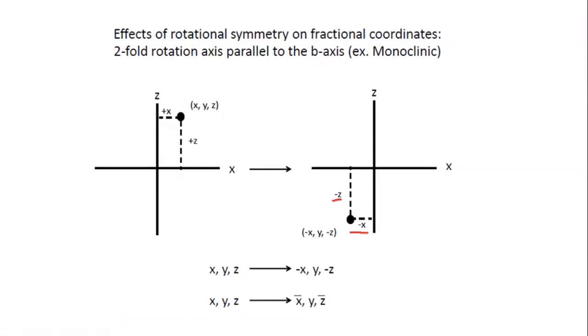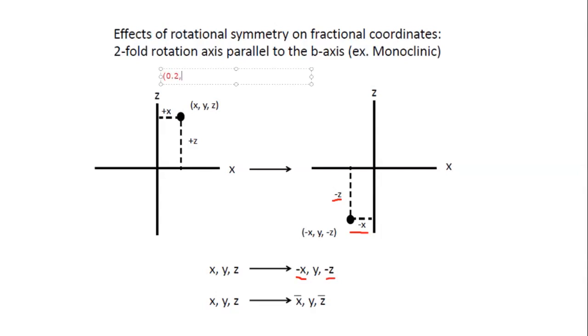Now, you can either write it as negative x, y, negative z, or common in crystallographic symmetries, we put x bar, y, z bar. So the bar indicates that it's negative. So you'll see both ways, but the bottom way is the common practice with crystallographic coordinates, but either way is acceptable.